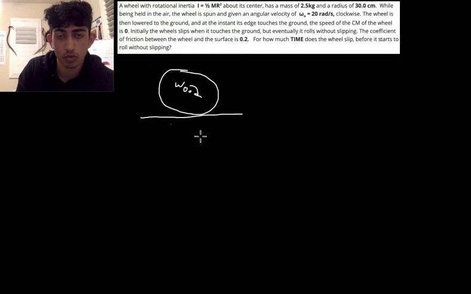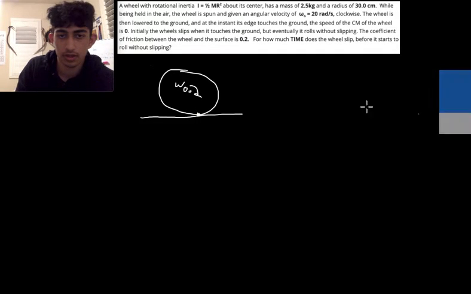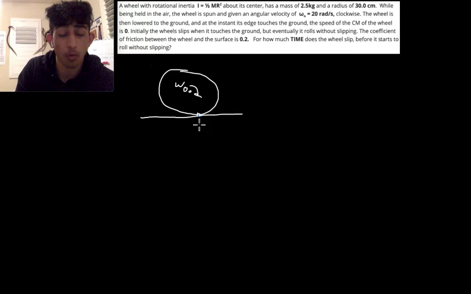Now when we're dealing with rolling without slipping problems, the point that you are most concerned about is not the center of mass, but the point of contact with the ground. Because of this rotation about the axis, the velocity of the point that is touching the ground, and since this is a rigid body, there's only one point touching the ground. That's not how it works in real life.